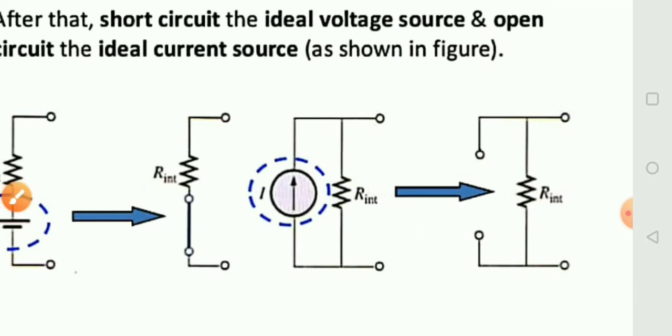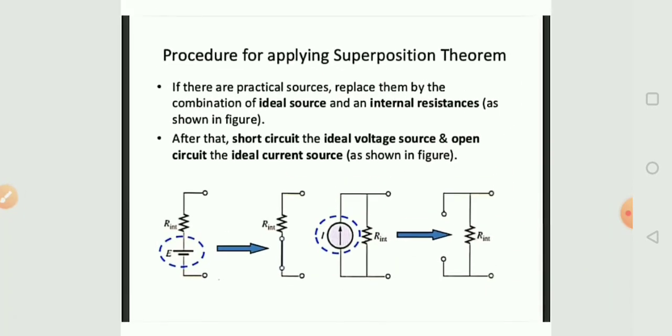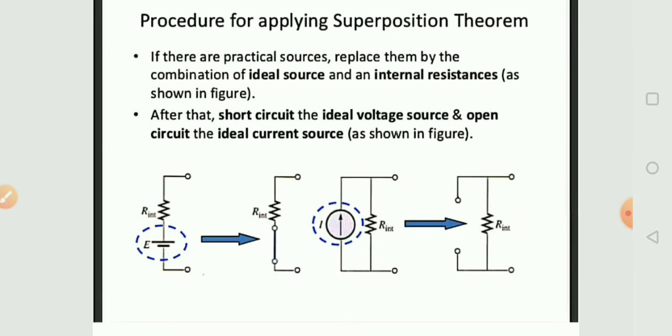By this we apply the superposition theorem and calculate the current flowing through all the branches by all the independent sources.